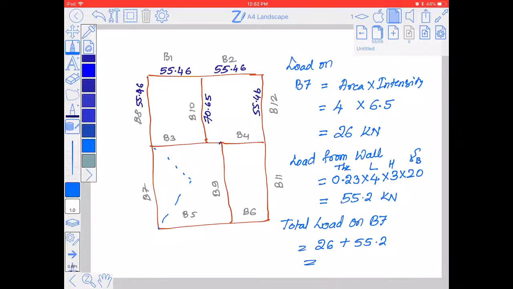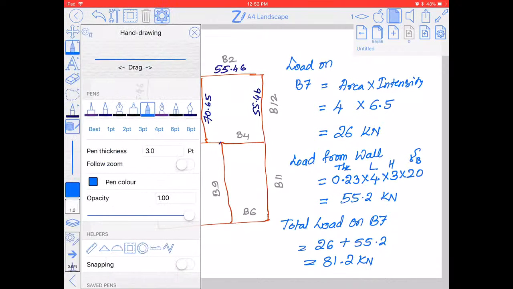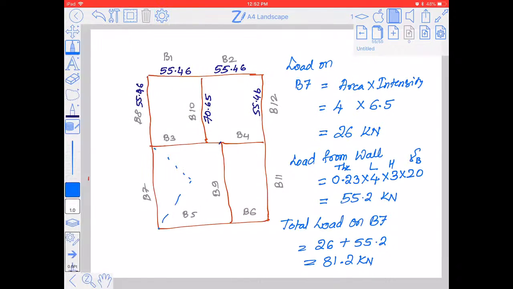So how much it will be? 81.2 kilonewton. So here I will be writing, load on B7 is equal to 81.2 kilonewton. Is it clear?